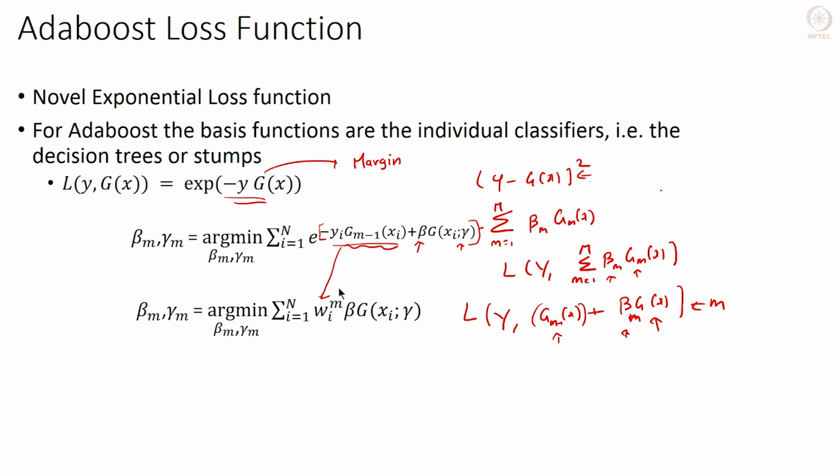Now, if you go back and look at the AdaBoost algorithm that we outlined, we had this quantity error, from which we calculated alpha m as well as the update to the weights. This alpha and the beta are related. Alpha turns out to be, I think, beta over 2.